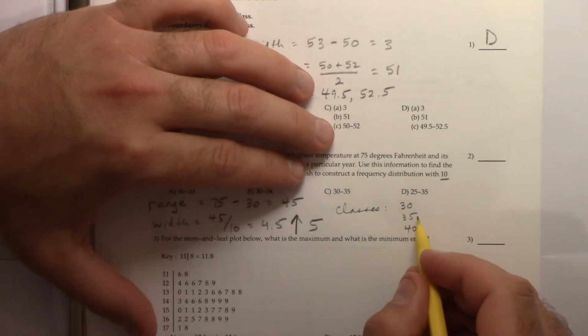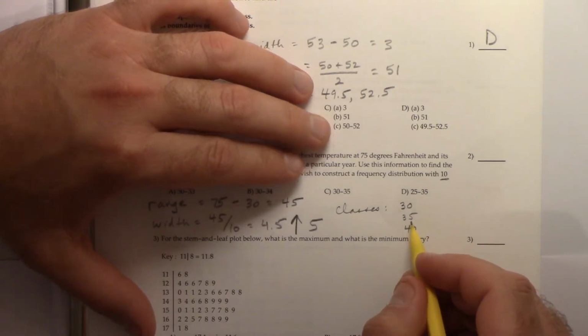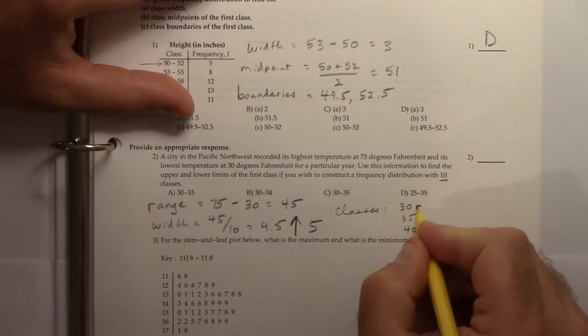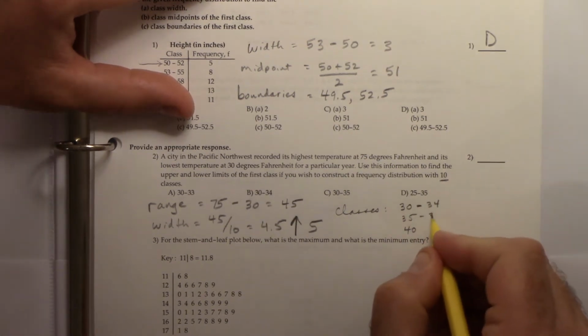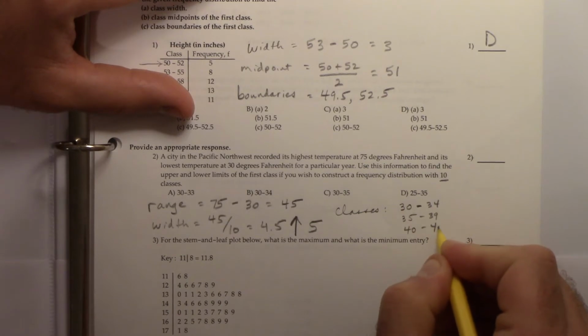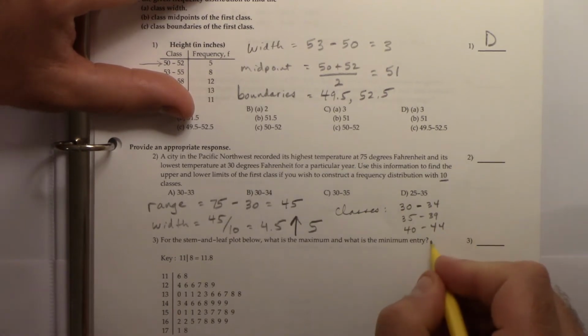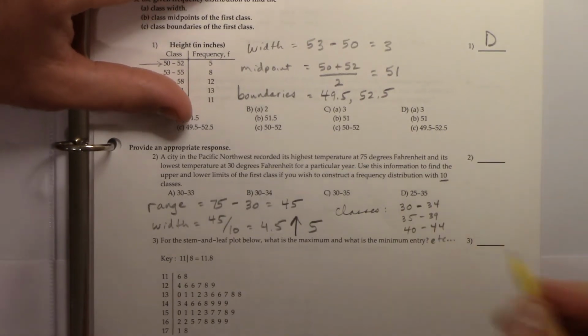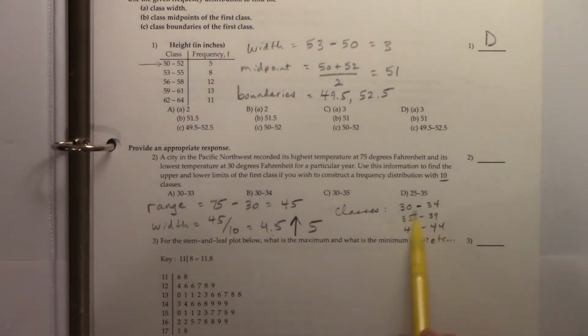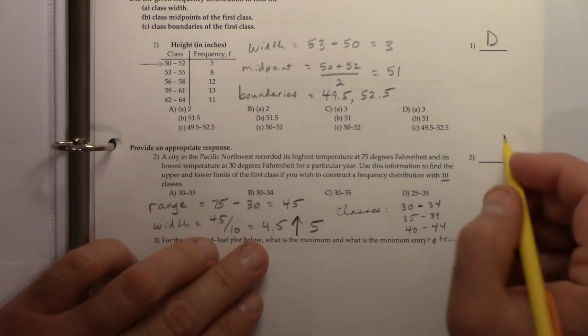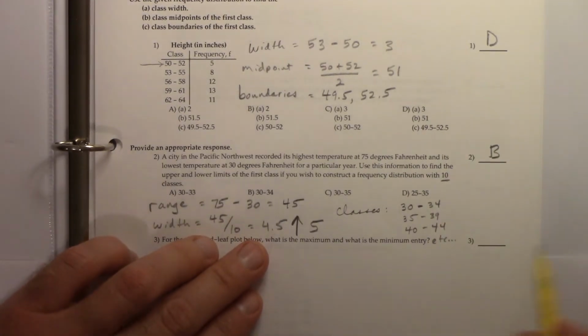Now, if the second class is starting at 35, that means the first class must have ended at 34. This one would end at 39. This one would end at 44. And of course, I'm just going to put etc. here. We don't have to write all of those out. We really only have to look at the first class. So in this case, it's 30 to 34, which is option B.